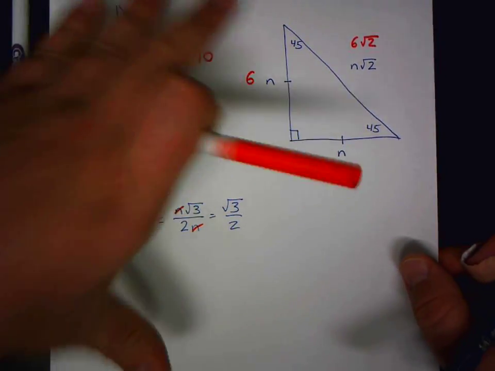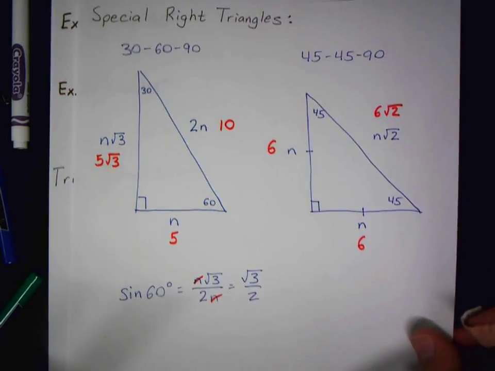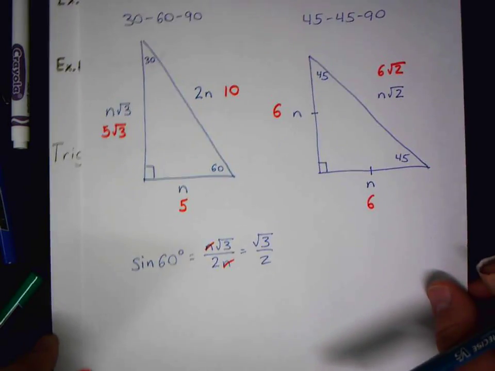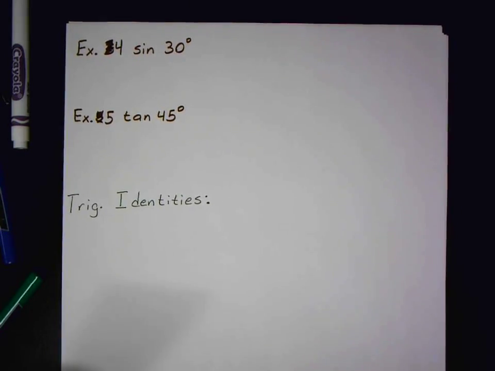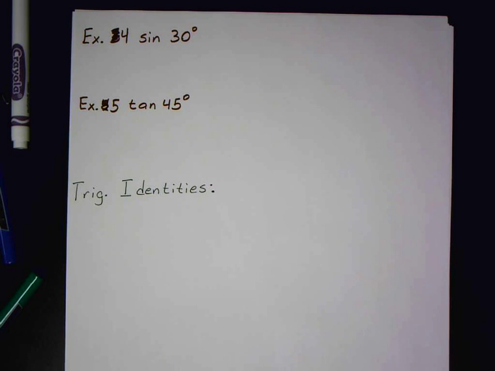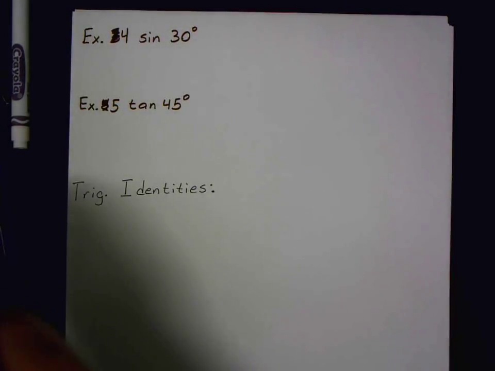Okay, so you guys have these on your paper. I'm going to switch to another page. You guys can use your papers to do this. So what would sine of 30 degrees be? One over two.